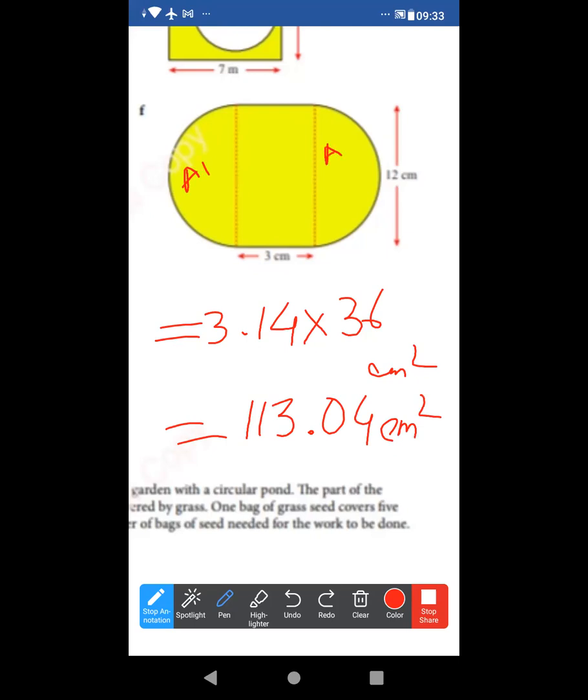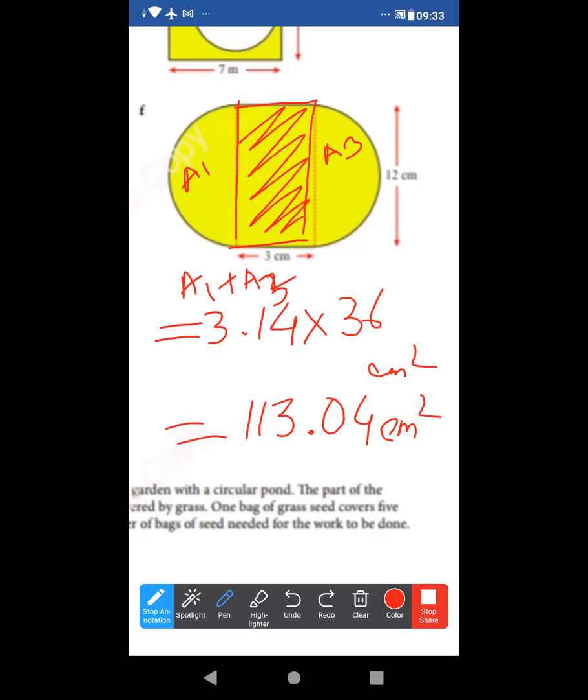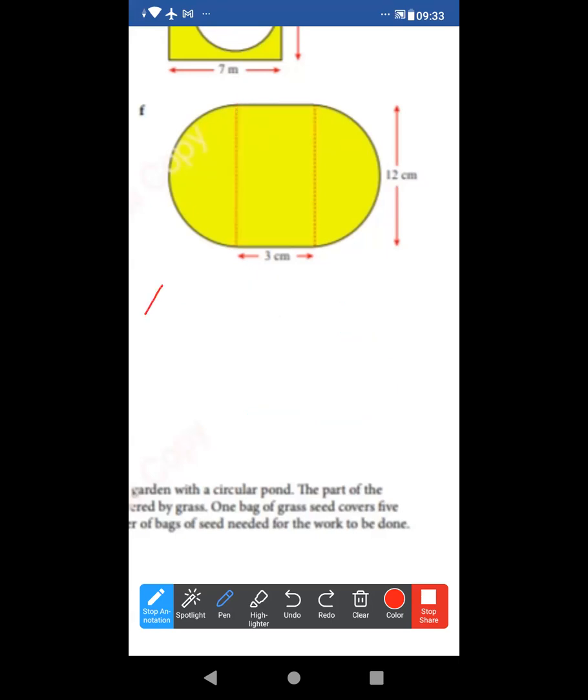Now there is no need to divide it by 2, basically, because we have to find the whole area. So A1 plus A3, just keep it the same. Now multiply 1 plus 3 into 12. The area of A2 will be 36 centimeter square. Now just add them.